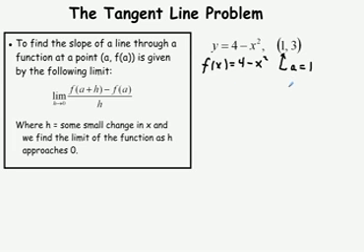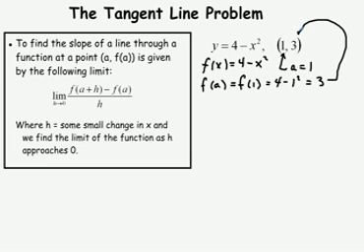And if you check this, f of a means then that we're taking the value of the function when x is equal to 1. We calculate that by taking 4 and subtracting the square of whatever x is, and in this case that's 1 squared. Taking 1 squared is 1, of course. Subtracting that from 4 gives us 3, and that's what our y value is right over here.